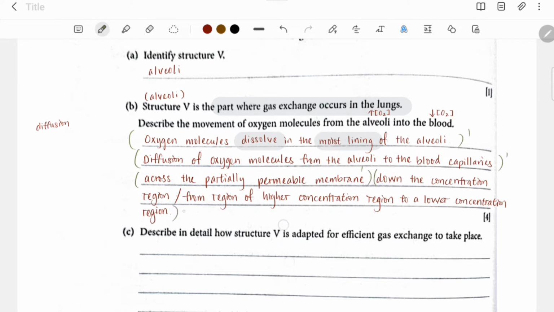To choose one. Okay, so the keywords that you must write lah. First point is dissolve in a moist lining, and after that diffusion, and then from where to where, from alveoli to blood capillaries, and then after that across partially permeable membrane, and then down the concentration gradient or from region of higher concentration to a region of lower concentration.